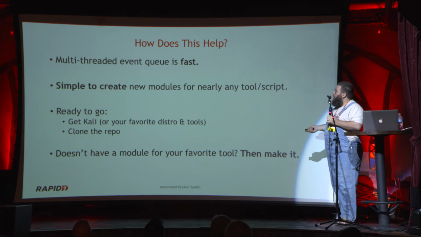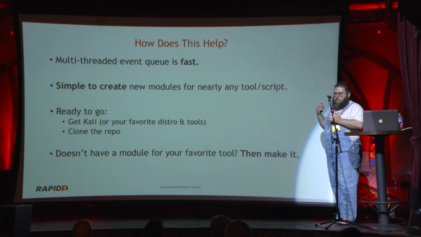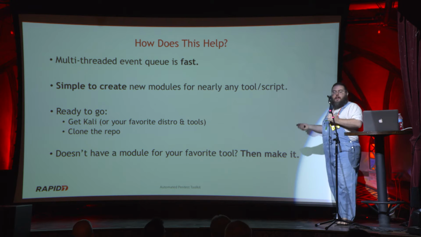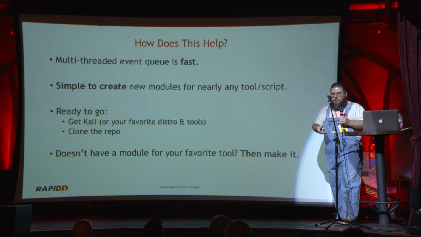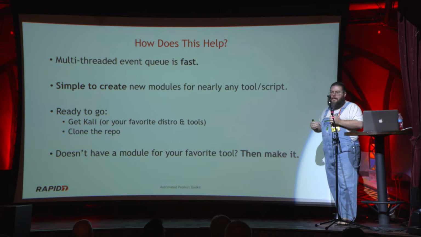Right now, to get it running, it is fairly easy to go. You just grab yourself a copy of Kali or the Linux distro of your choice. You clone the repo, and it's good to go. You might ask, well, I might not have all the required commands or tools installed. That's fine. Each module has a list of the required commands that it needs to run.